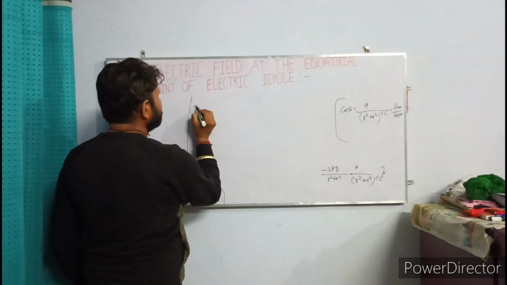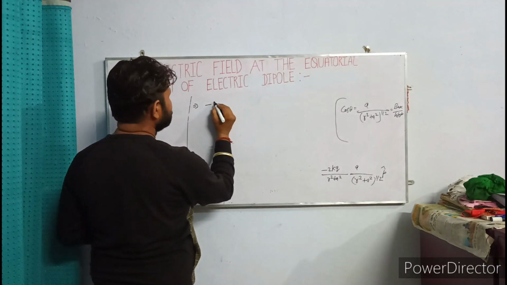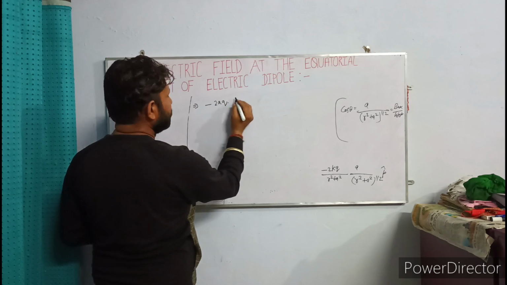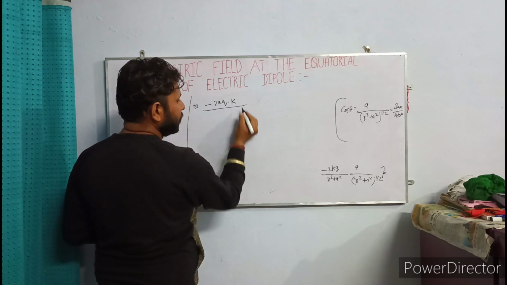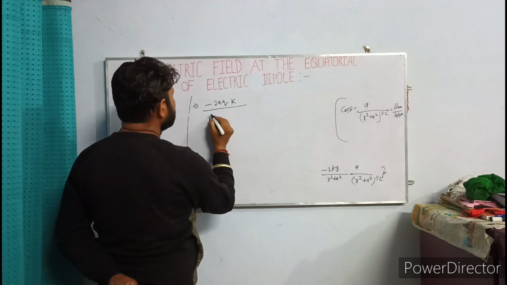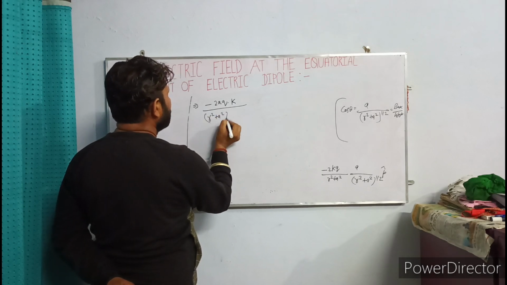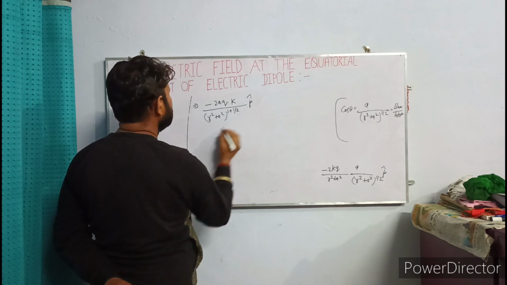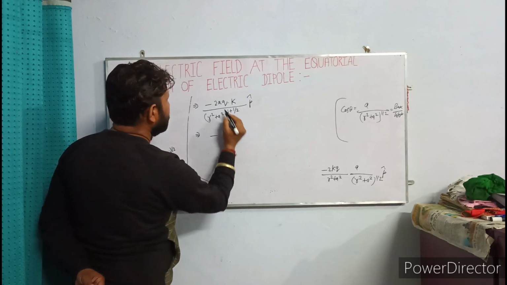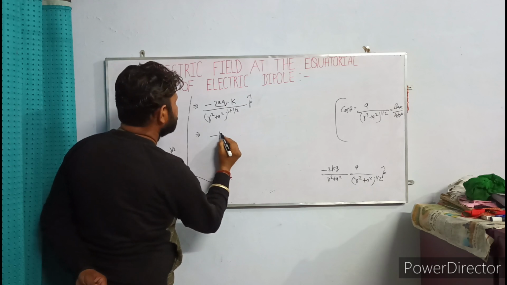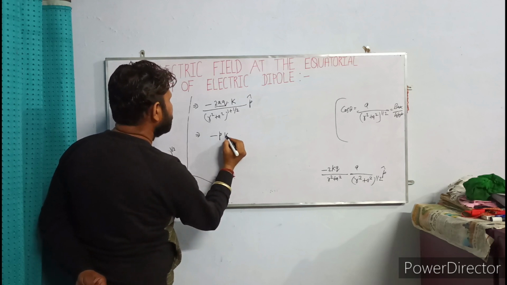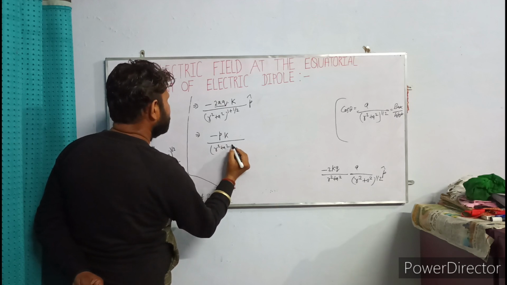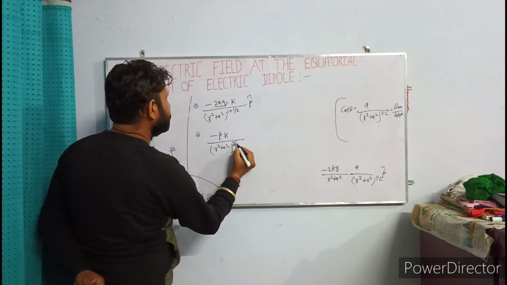So further solving, minus 2aqk upon r square plus a square, with power 1 plus 1 by 2, equal to minus p, the dipole moment, k upon (r square plus a square) power 3 by 2.